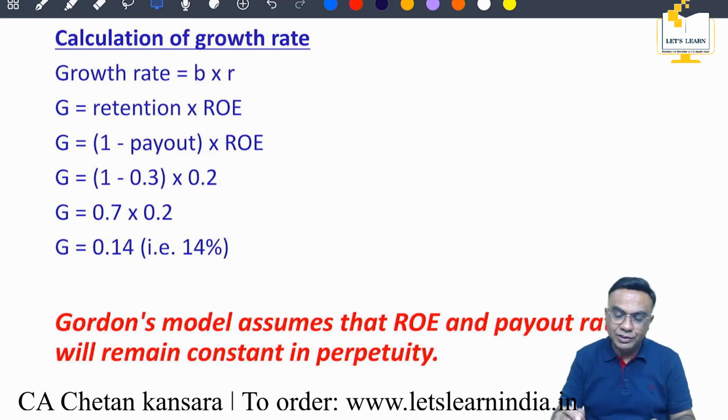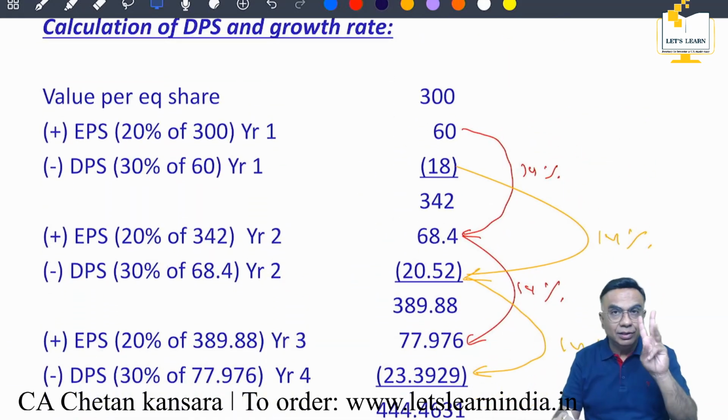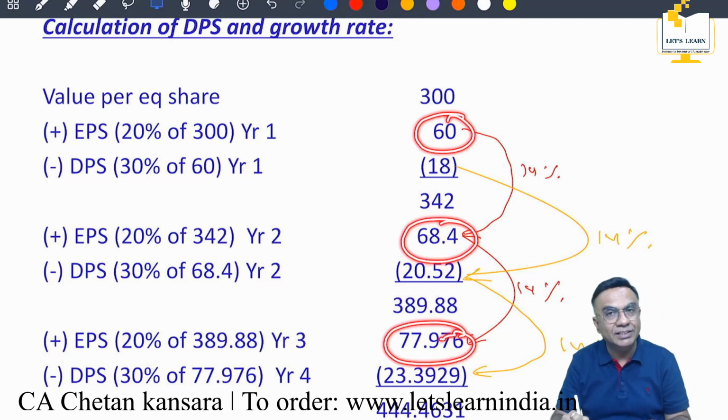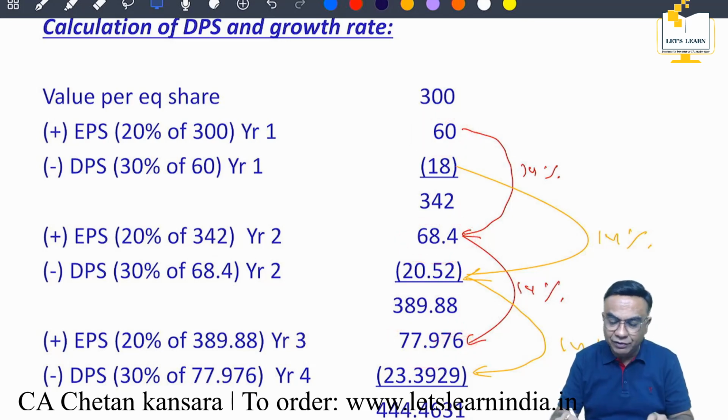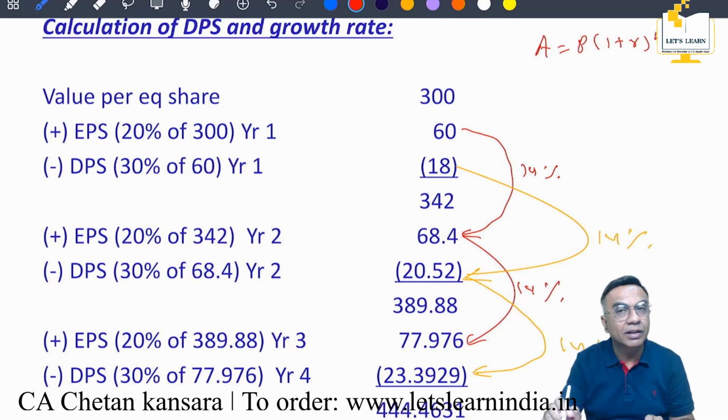Now, let us take an example on calculation of growth rate. One more thing, let me explain. See, there are three earning per share figures: 60, 68.4, 77.976. We can do like this also. Suppose you are given three dividend figures. I can use this formula, amount equal to principal 1 plus R raised to n.